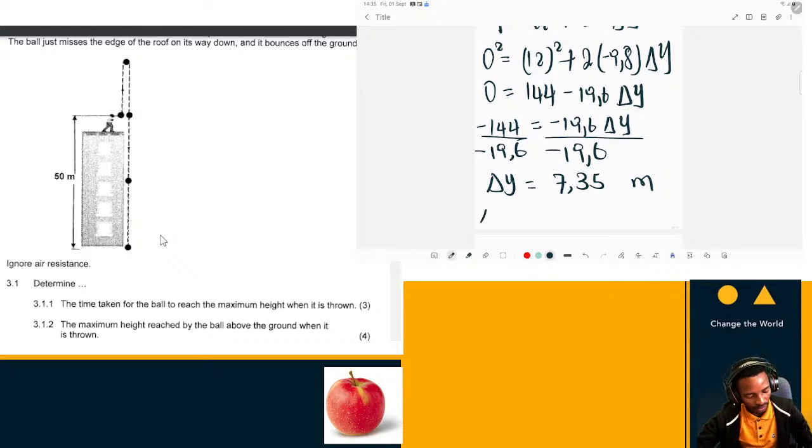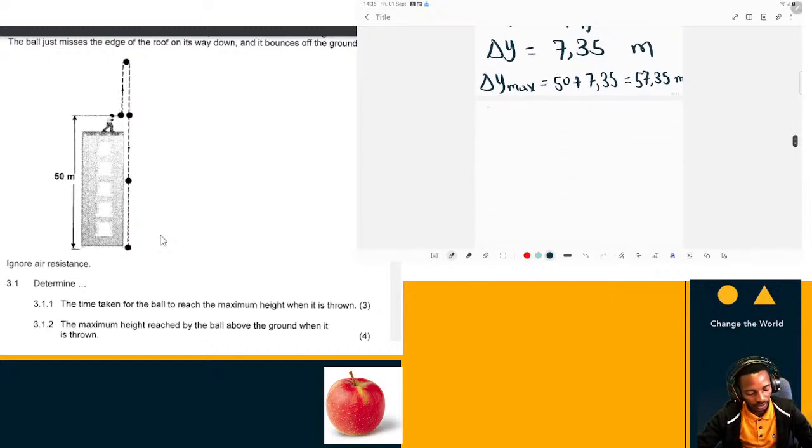So we're going to say delta y max is going to be 50 plus 7.35, which is equal to 57.35 meters above the ground.